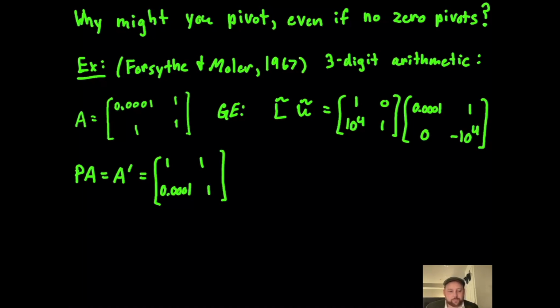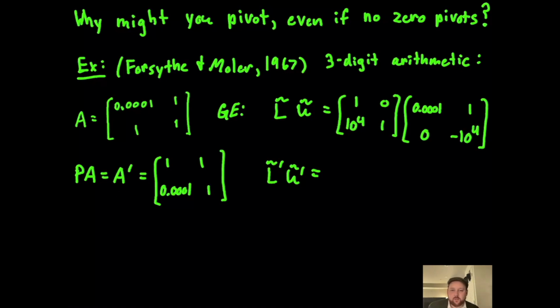Okay. So what effect does this have on the calculation? Right, so now I'm going to go through the same process. I'm going to compute, I'll call it L tilde prime and U tilde prime. And what are these now? These are the computed LU factors for the matrix A prime now, right?